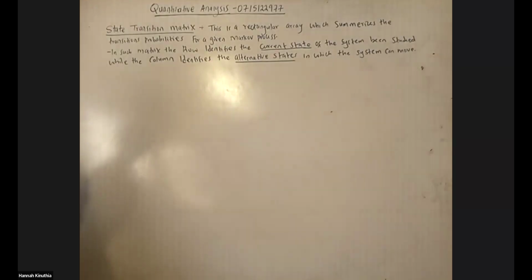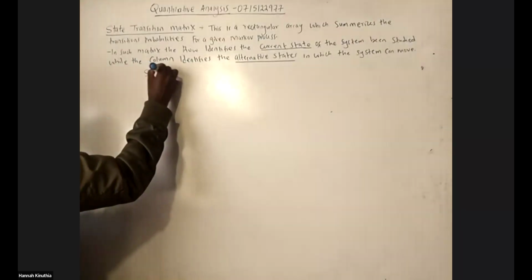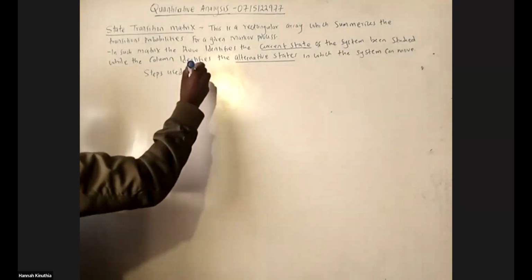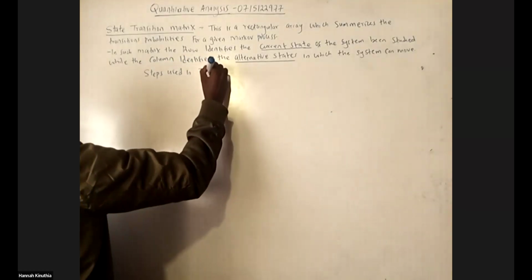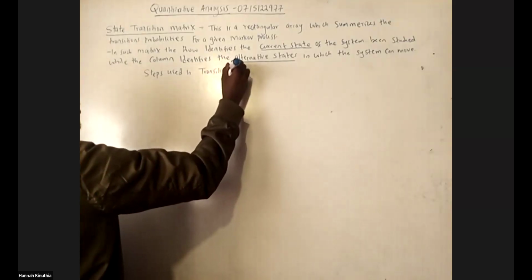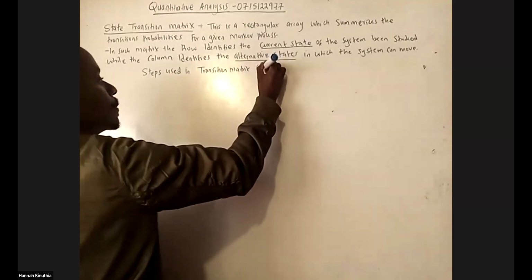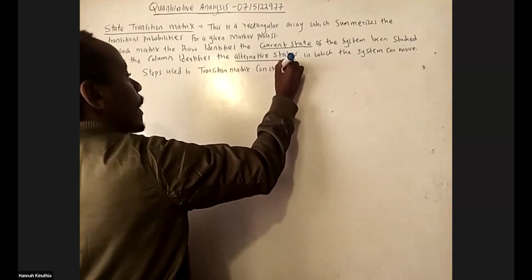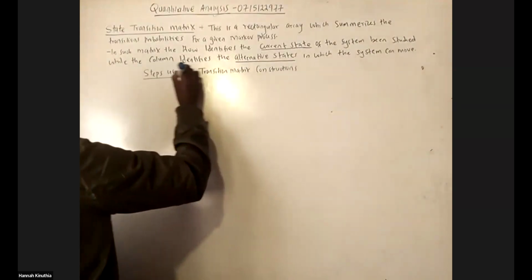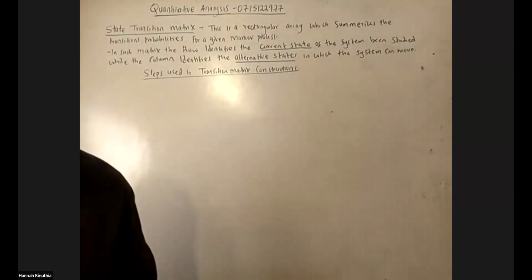Before we do a question, steps used in transition matrix construction. So what are some of the steps? We have just 3 steps.